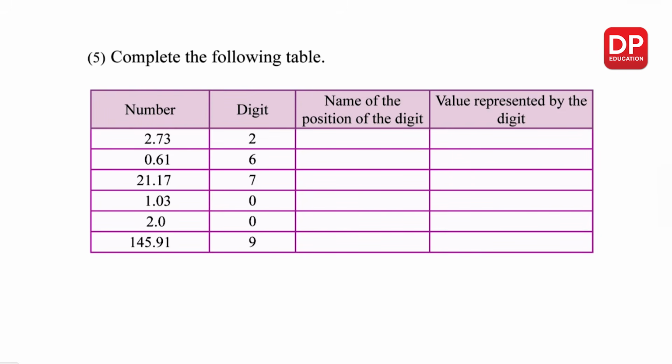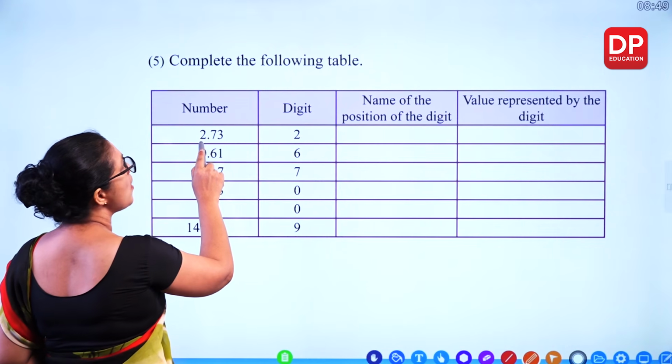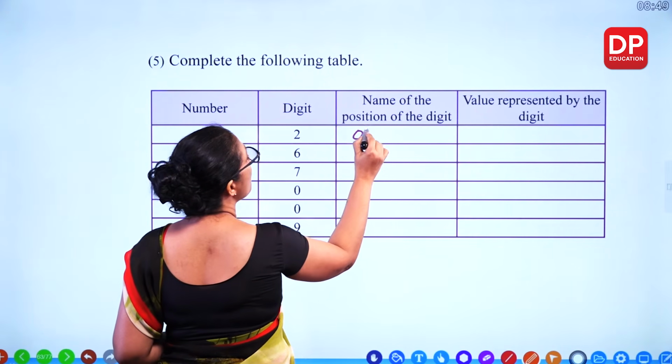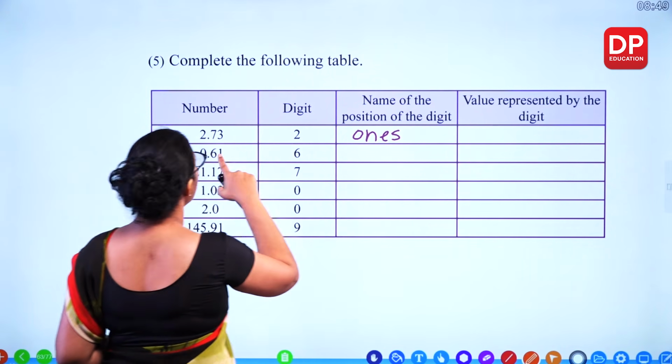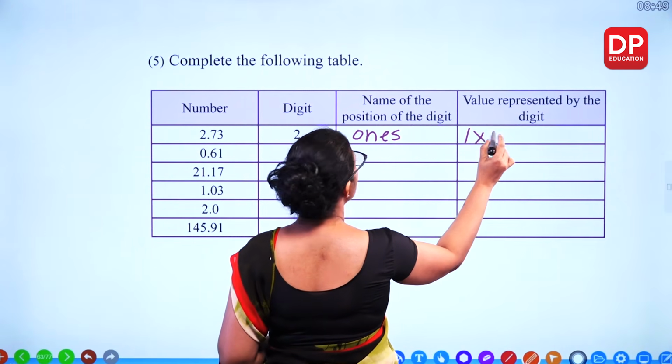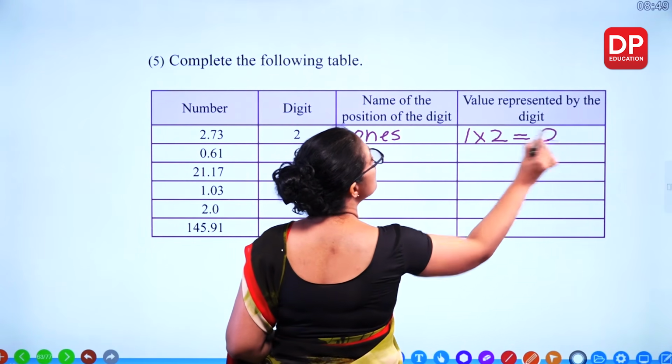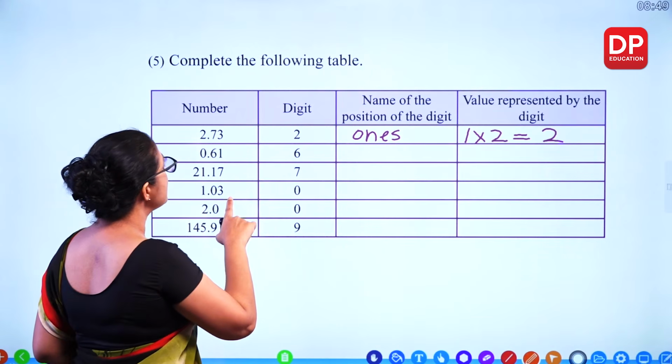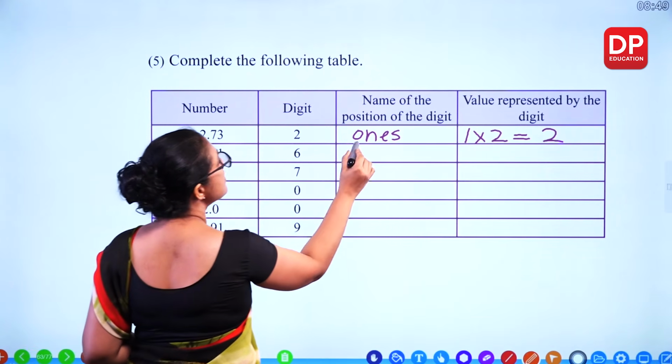Complete the following table. You have given the number, digit, name of the position and value represented by the digit. 2. 2 means ones place. Ones position. And then value. 1 times 2, value is 2. 0.61, 6 is the tens place.